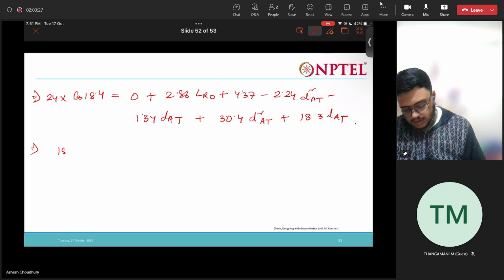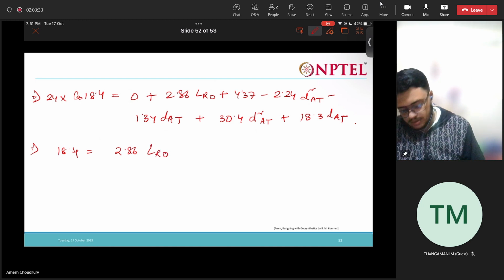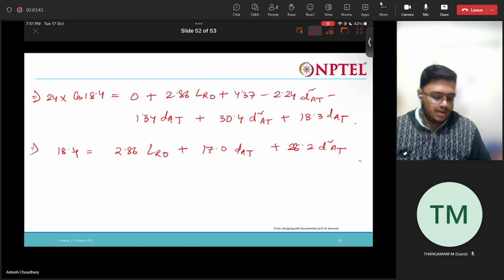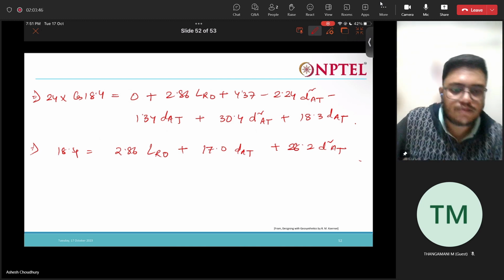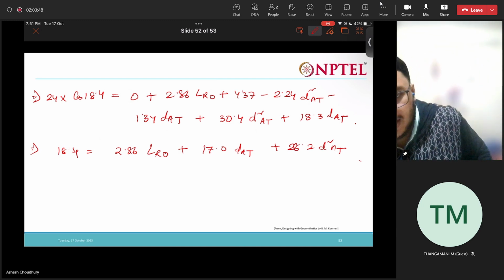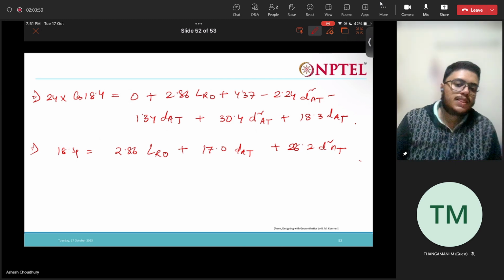If we do this, we will get 2.86 R naught plus 17.0 t is 2.28 square kt. Now, it was given that for 1 meter LR naught, we can get the DAT.